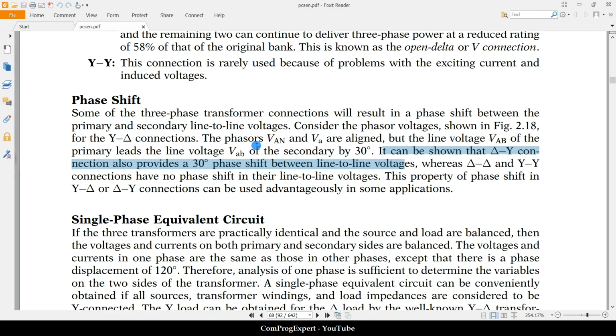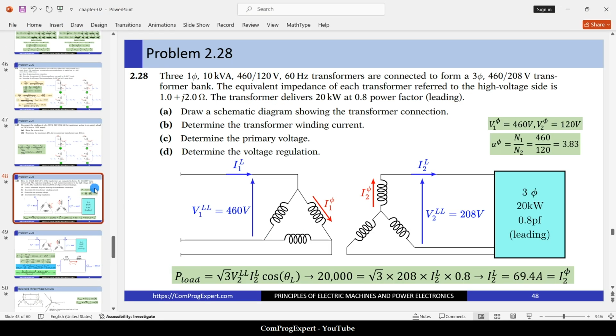So now let's solve this problem. How can we detect that this is the correct connection? Here, for the three-phase transformer, we have line-to-line voltage. The line-to-line voltage of the primary side is 460.